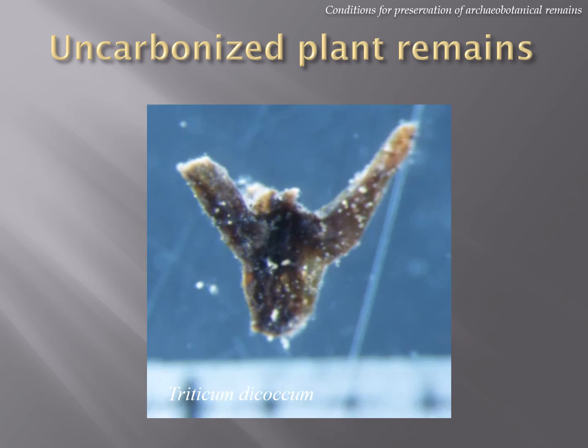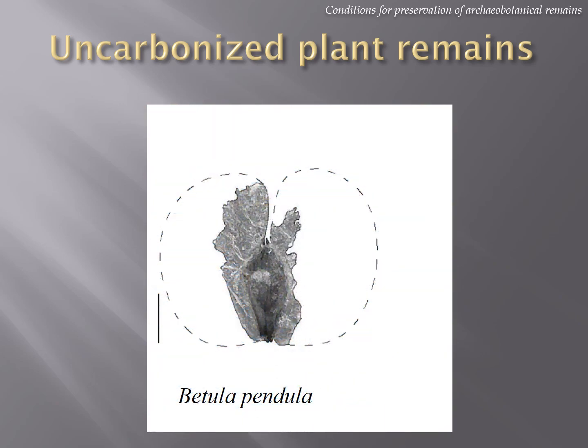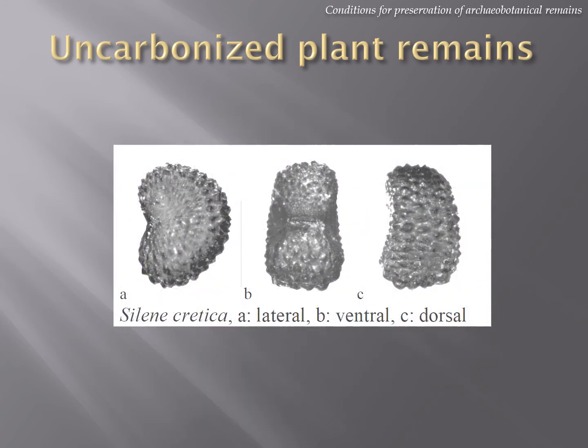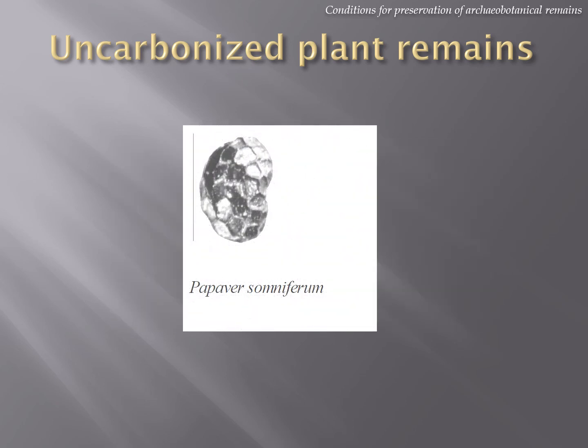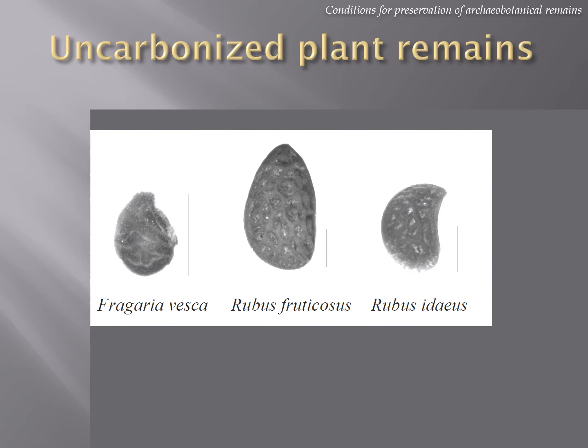Wild plants from the wider environment are also common, like seeds of birch or weeds such as this of a catchfly species that grows with linseed crops. Very tiny and highly fragile seeds, such as this poppy seed, preserve quite well under waterlogged conditions. Seeds of collected fruits also occur frequently, as for example strawberry, blackberry, and raspberry.